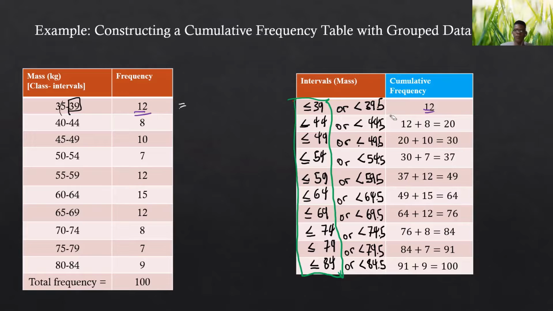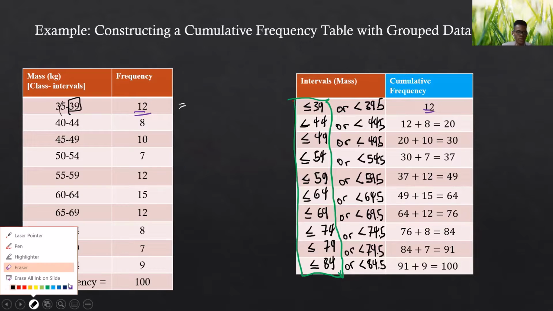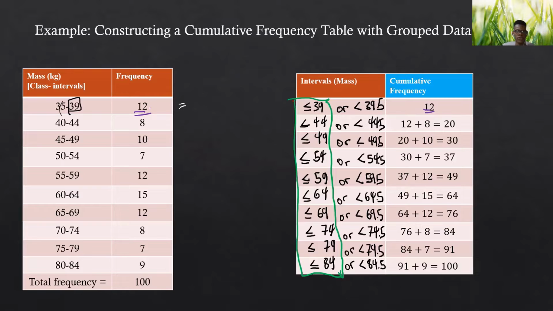For the second row, our second observation, less than or equal to 44, it's 12 plus 8. How do we know that? The first frequency is 12, coming down, 12 plus 8 will give us 20. So the second cumulative frequency is 20. We add the 20 to 10, that will give us 30.